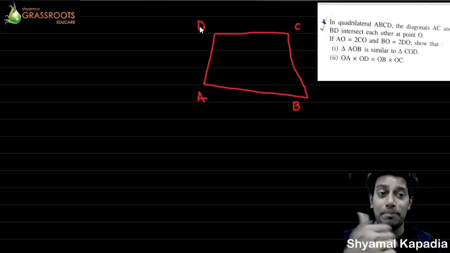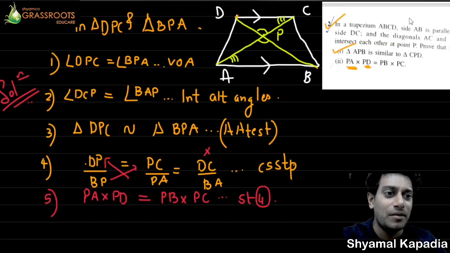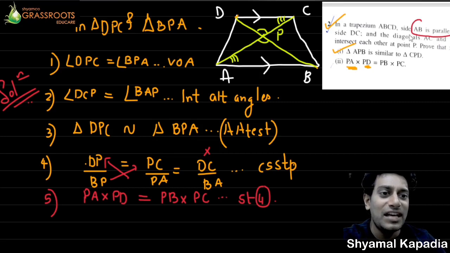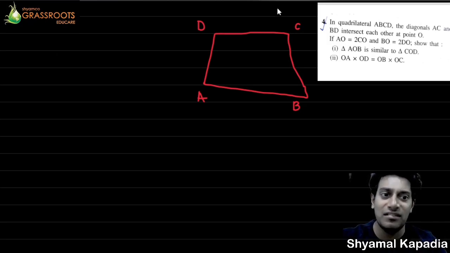DC and AB, in the previous sum, it was given parallel. Check, in the previous sum, AB is parallel to DC was given. But in this, there is no mention of the word parallel.